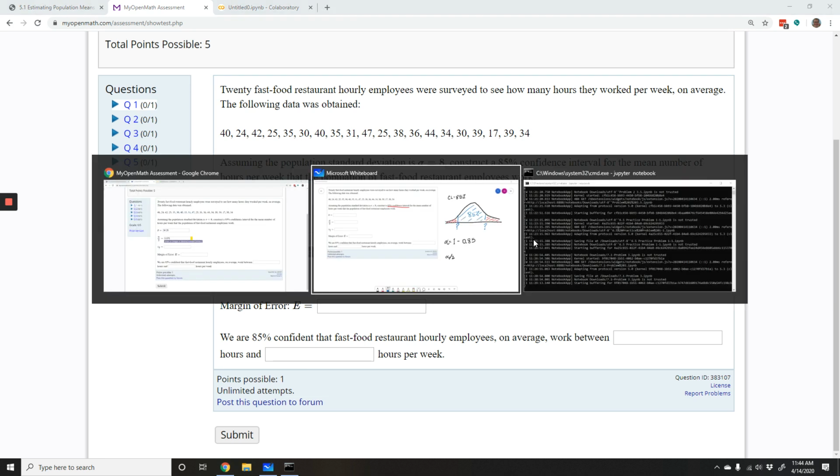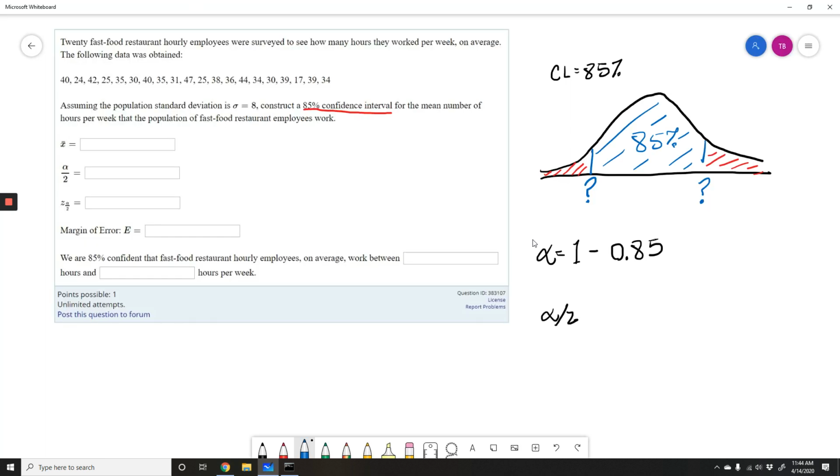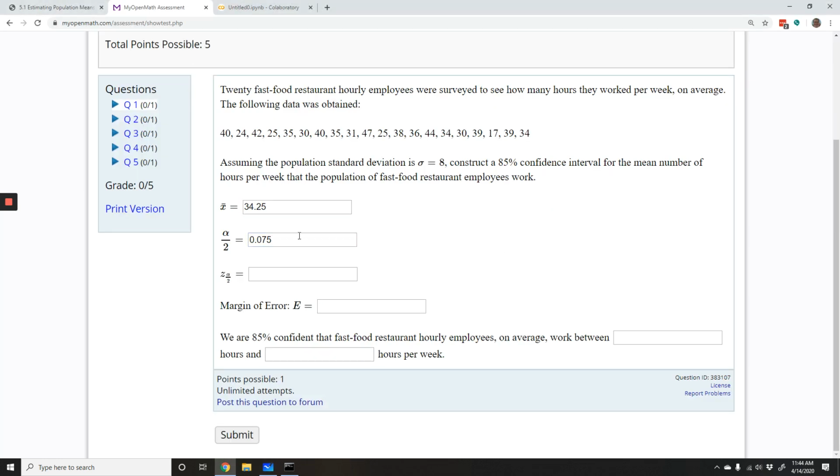That 0.075 represents the amount left in each tail. So there's 0.075 in this tail and 0.075 in this tail. That's why we're dividing by 2: whatever's left over after we take out the middle, we need to divide between the 2 tails. So we have our alpha.